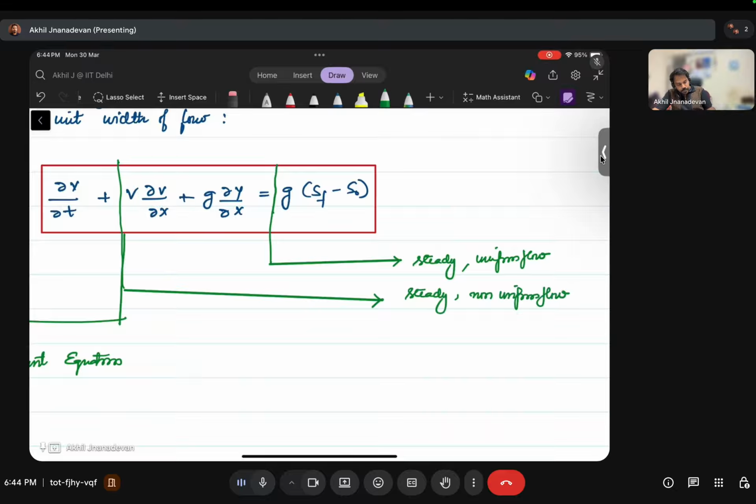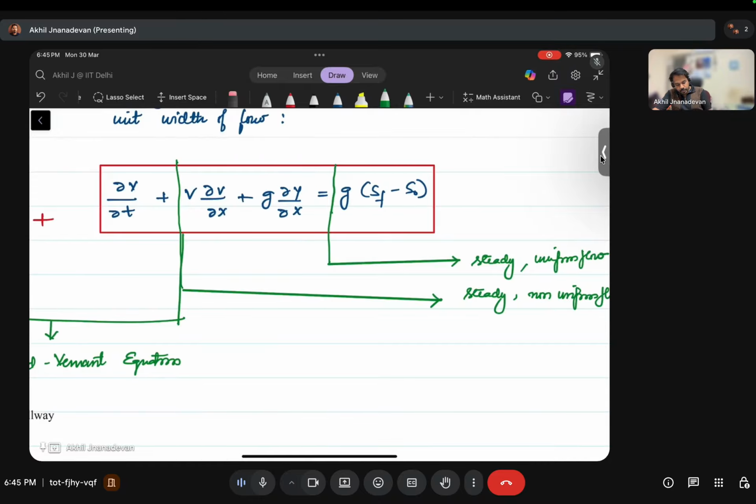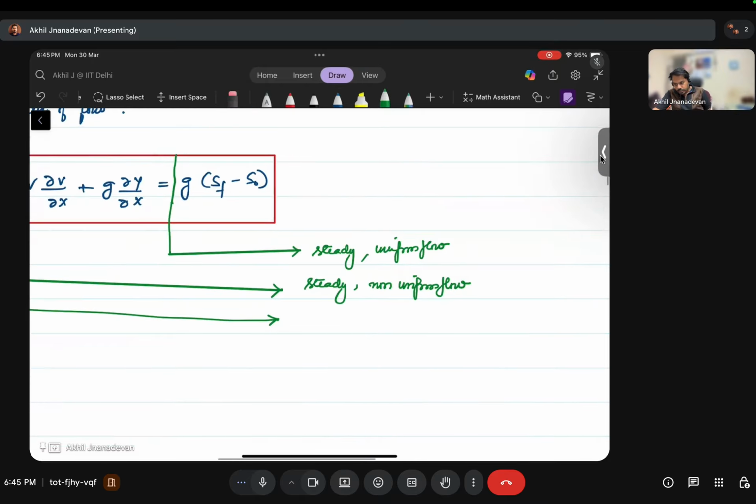Non-uniform means the flow depth will be changing with space, and the entire expression we get is for unsteady non-uniform flow.